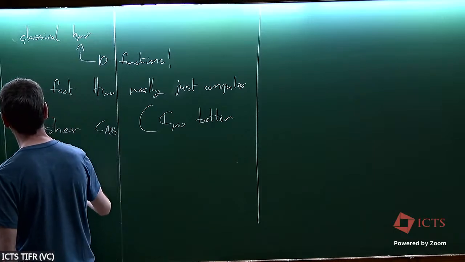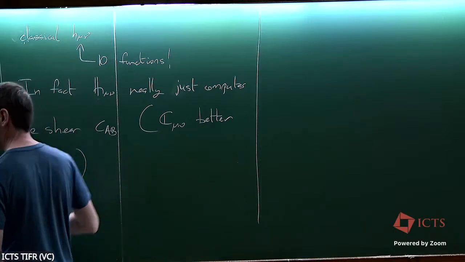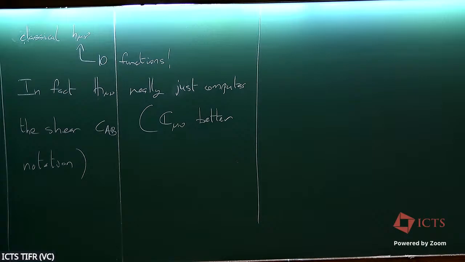Anyway, I want to show you that this is the case rather than just assert it. In order to show that, I'm going to pick some notation that makes the calculation simple.